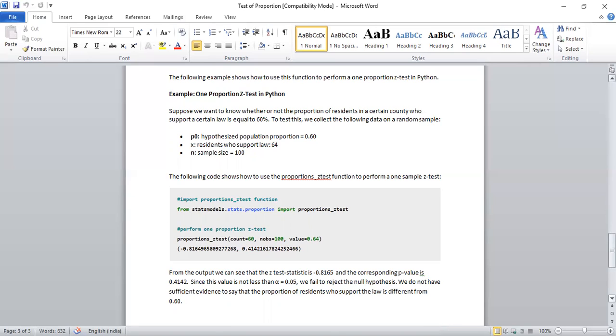P0 is the hypothesized population proportion, that is 0.60. Residents who support the law is 64. The sample size is 100. So out of 100, 64 is the number of persons who support this law.